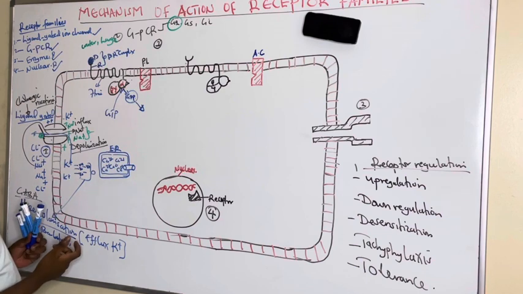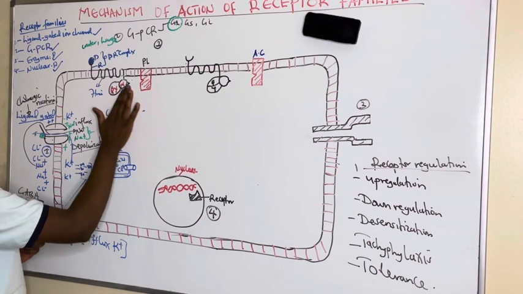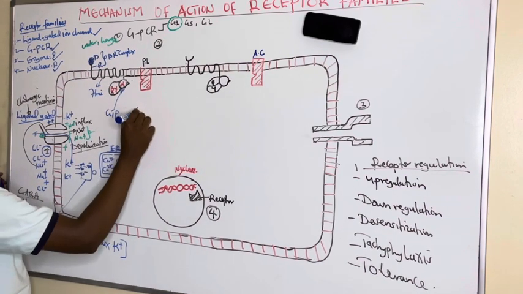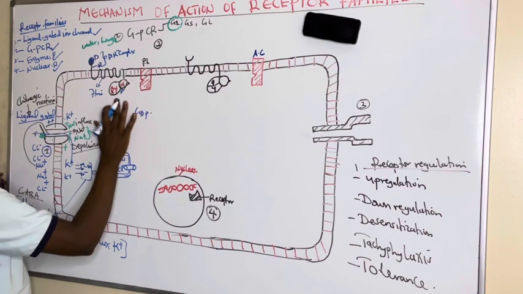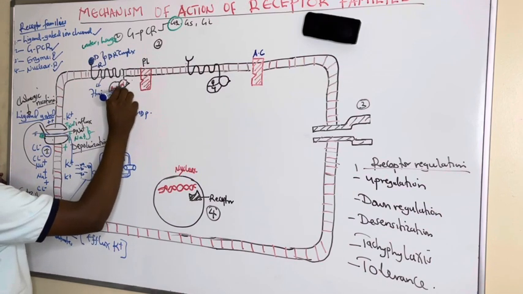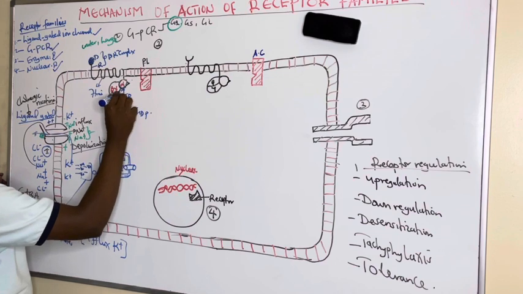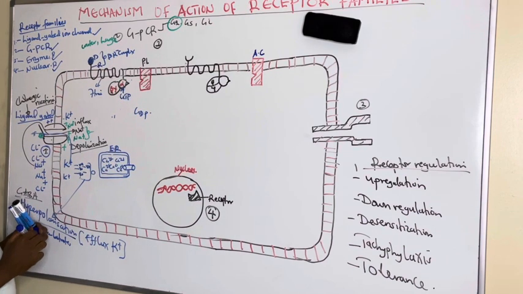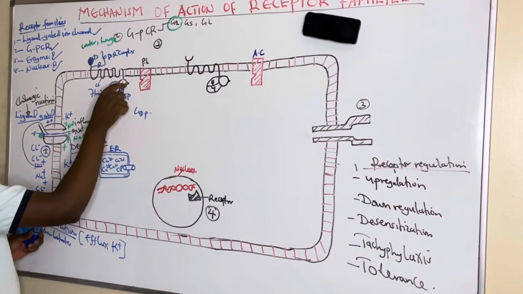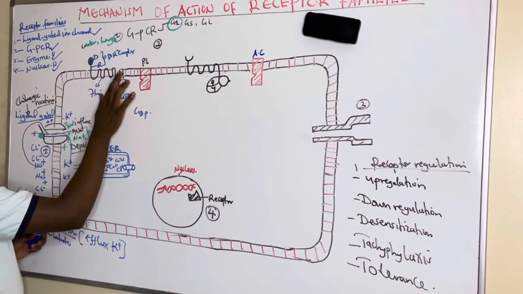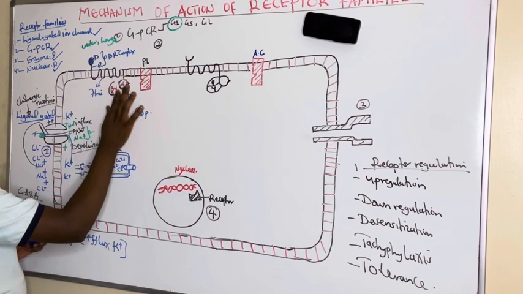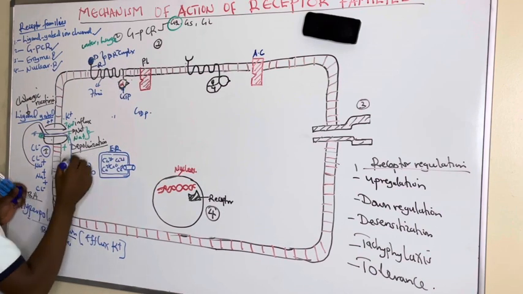In the long run, GDP is released, and GTP, guanosine triphosphate, comes and binds to the alpha. When it binds to the alpha subunit, the beta and gamma subunits are released.